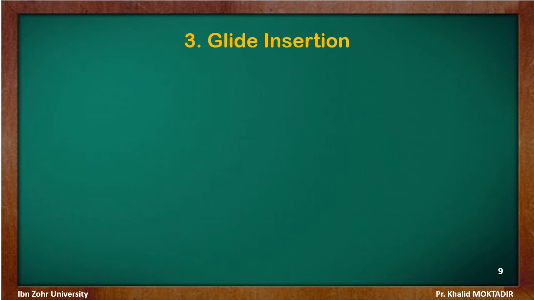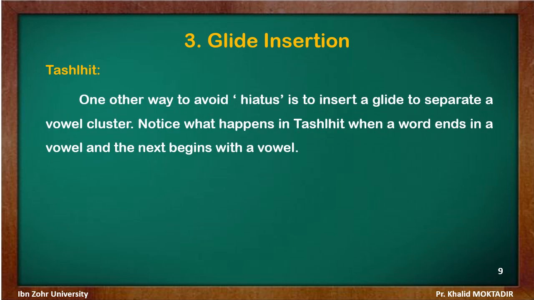In fact, Tasnahit has another way of avoiding the situation of hiatus: to insert a glide to separate two contiguous vowels. Now, notice what happens when a word ends in a vowel and the next begins with a vowel.